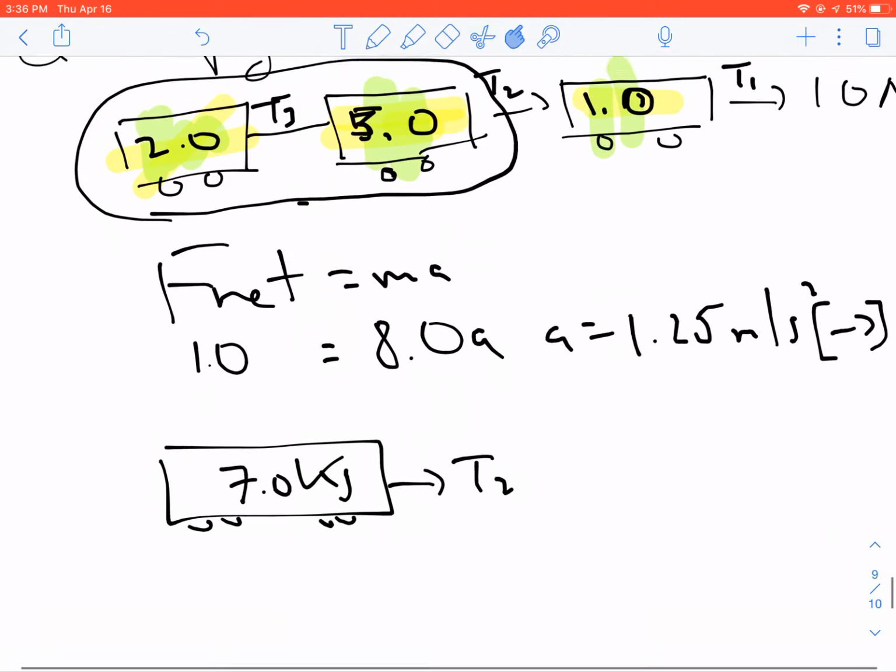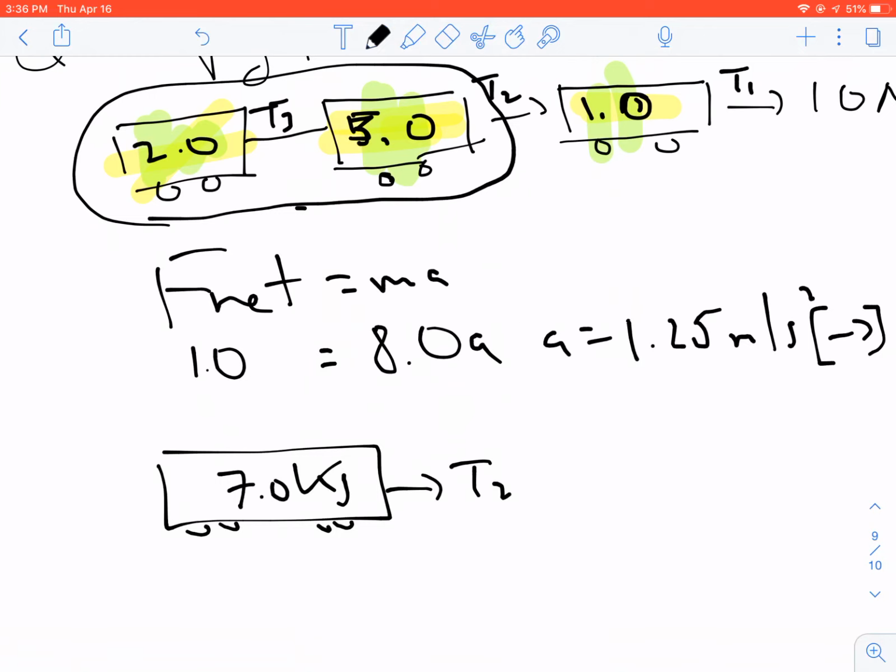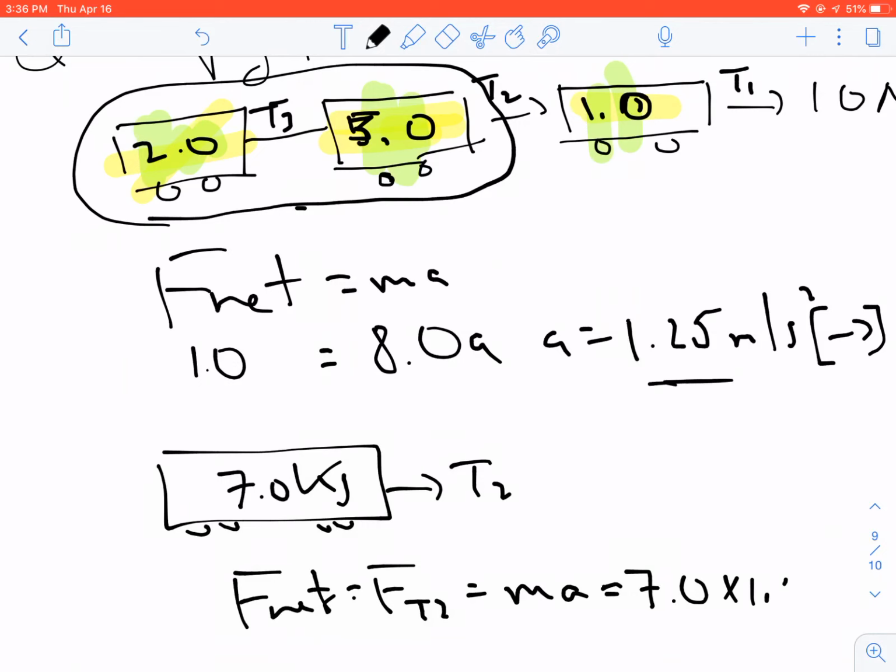I just got to slide my picture back down so I can see it. Okay, so T2 is pulling all 7 kilograms. And what do I know? Well, the only force that's acting on this whole system, F net, is the force from T2. That's F net. And that's also equal to ma. And I know that I'm accelerating 7 kilograms. And I already know the acceleration is 1.25 meters per second squared, so I can calculate T2 now as 7 times 1 1/4, and I'm getting 8.75 newtons.